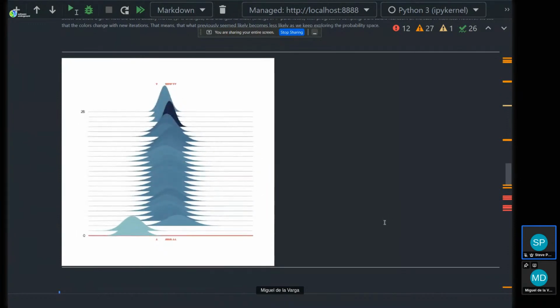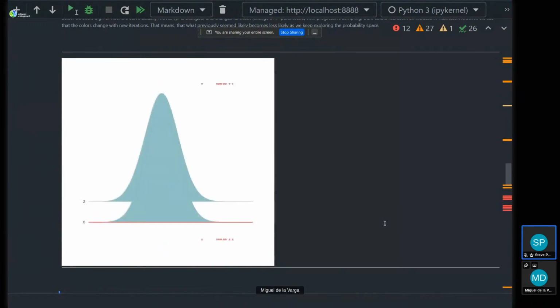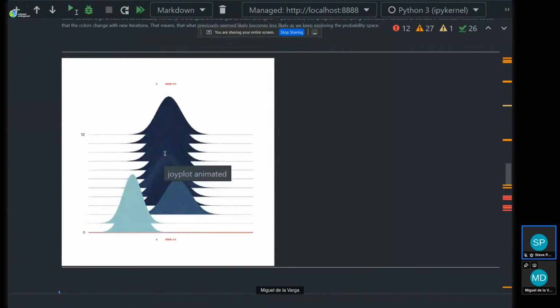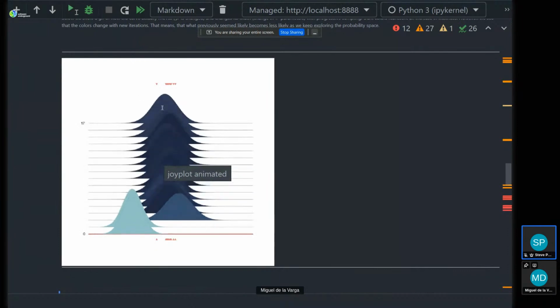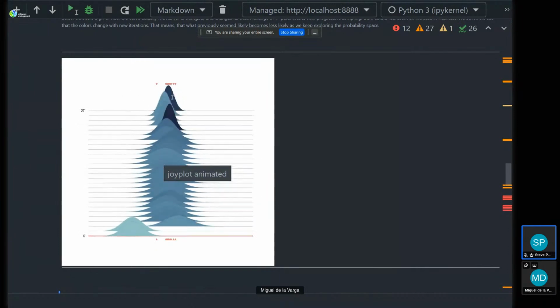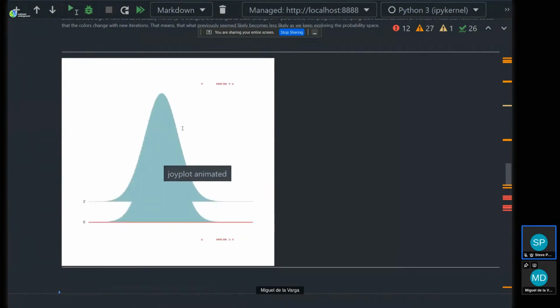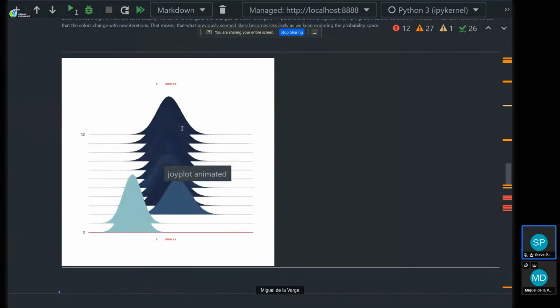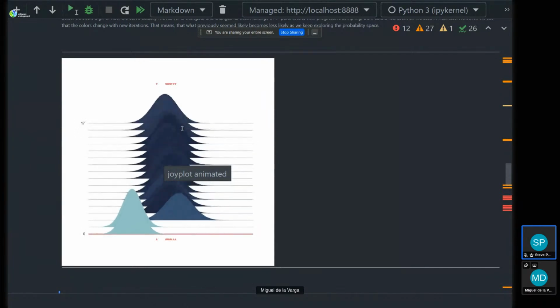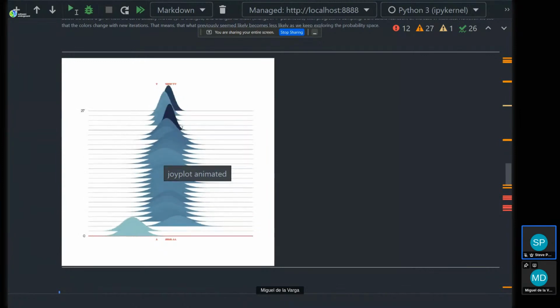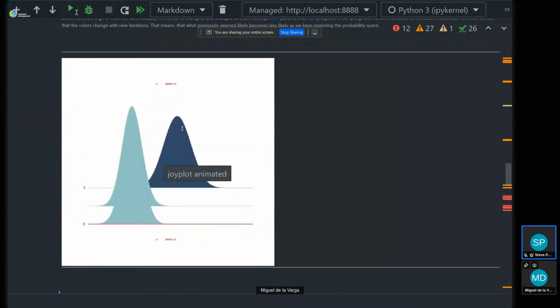You want to say a word about the color change? Right. Actually, the color of the bells has meaning. Basically, the darkest is the most likely bell, the most likely sample of all the samples that we have done so far.